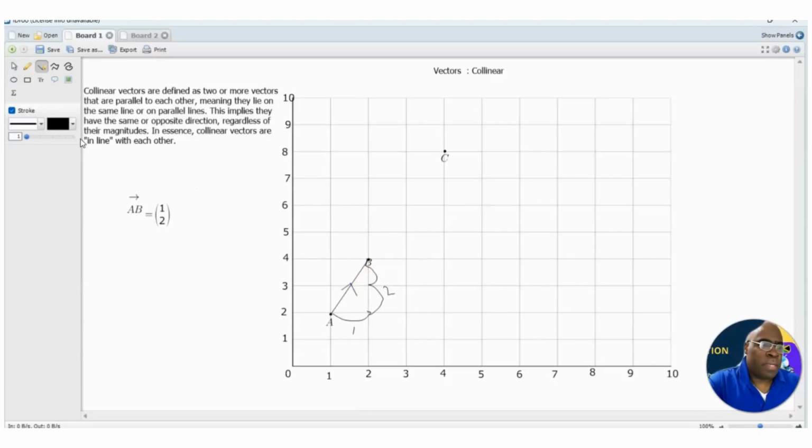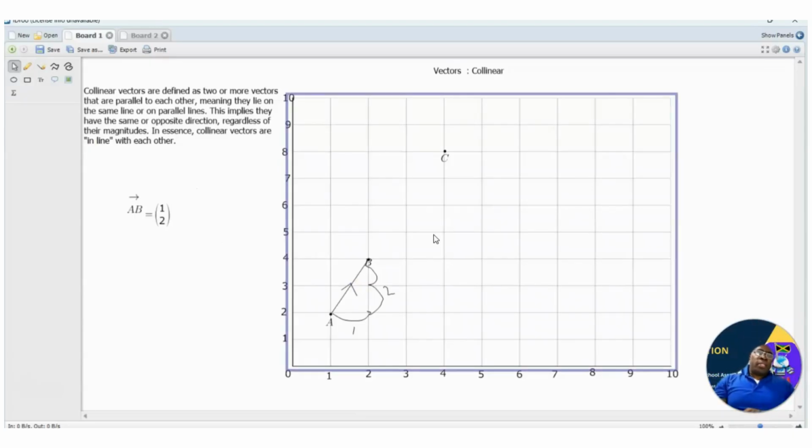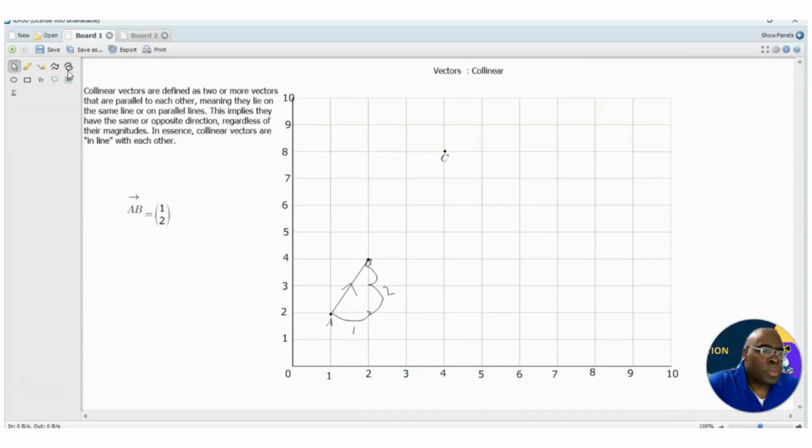Now vector BC, let's draw another line to represent that vector and draw an arrow. So that is now vector BC.